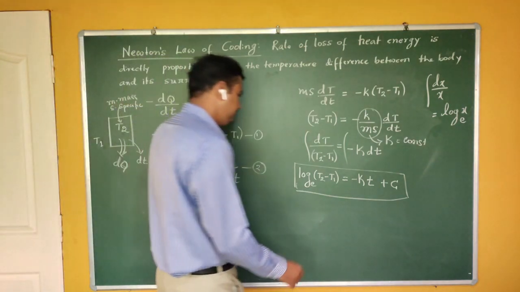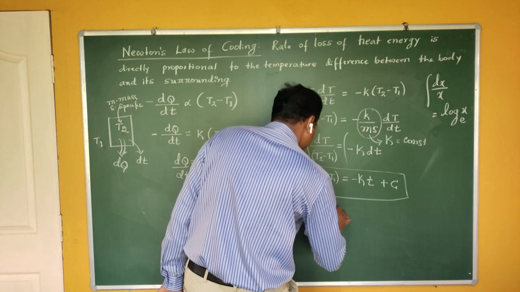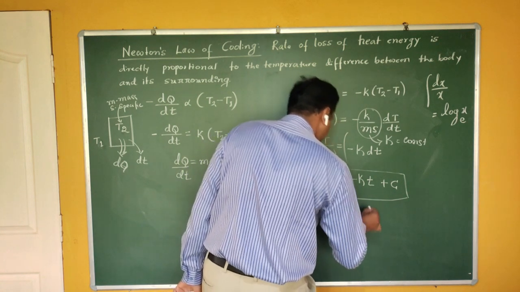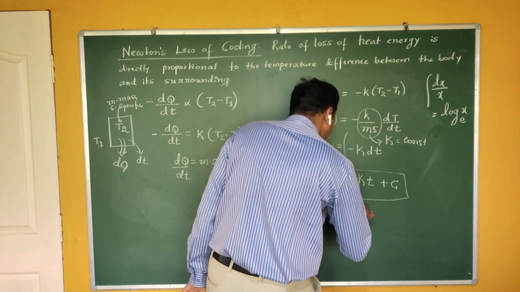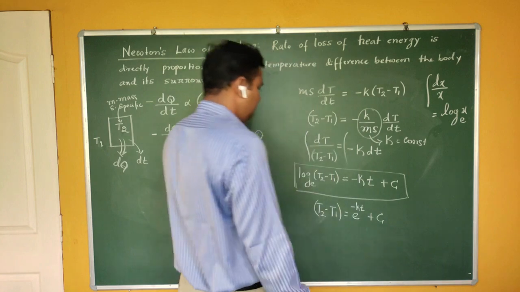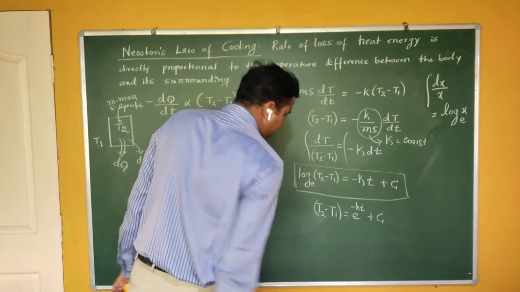If you remove the log, as you study in mathematics, then T2 minus T1 is equal to e raised to minus Kt plus c. This c is some other constant, different from the earlier c.